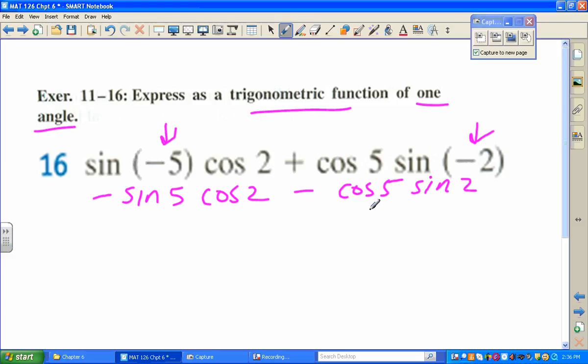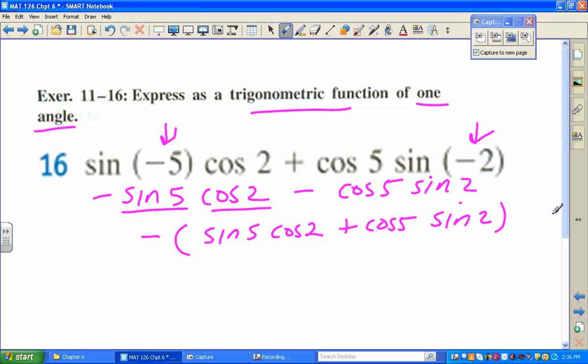Now, do you have any identities that have a negative in them and have sine and cosine together on the right side? You look. Nice. Yeah, if you had negative sine of 5, cosine of 2 plus cosine of 5, sine of 2.